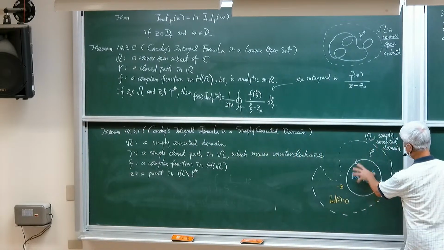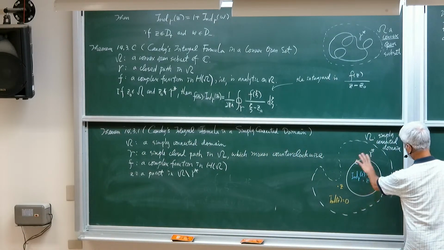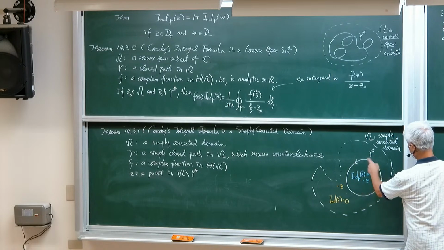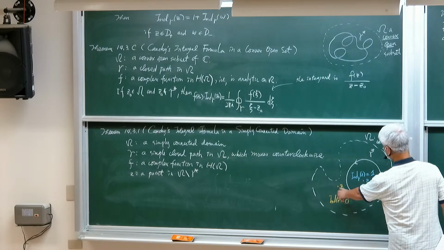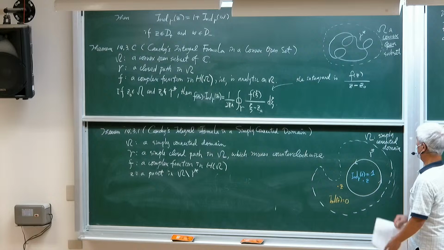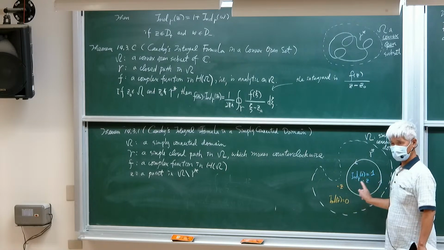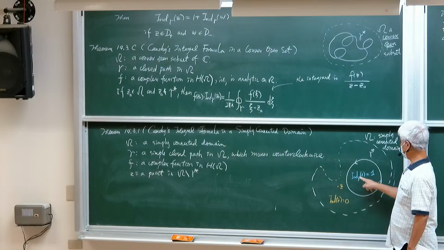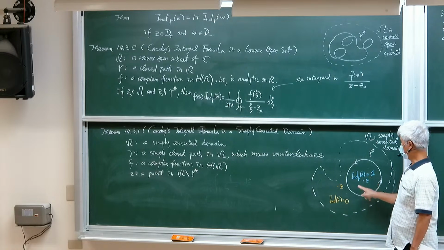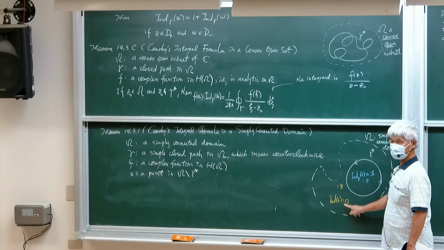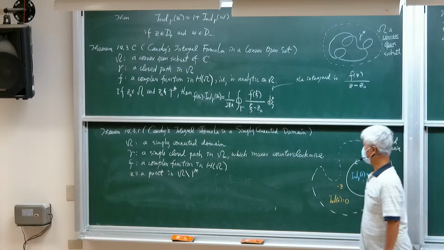Either z is enclosed by the simple closed path, or z is not enclosed by it. So there are only two situations. If z is inside, then the index is 1. But if z is outside, the index is 0. Okay?